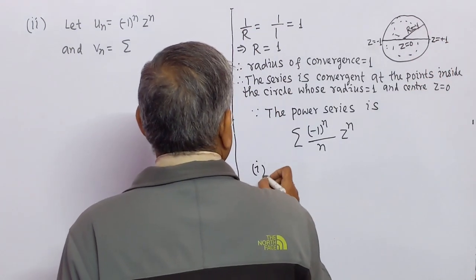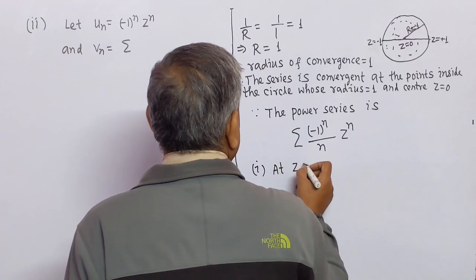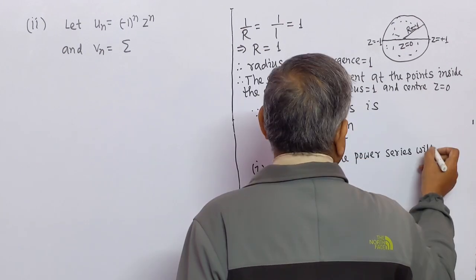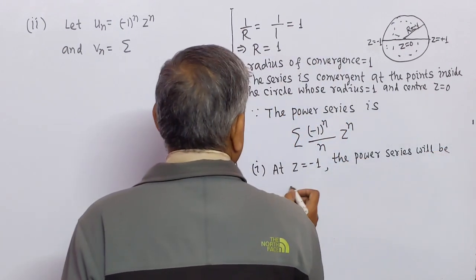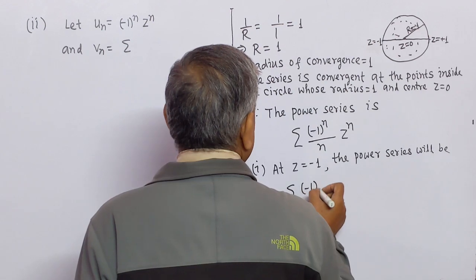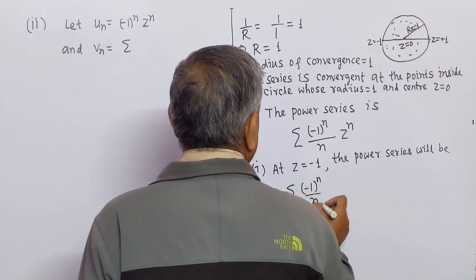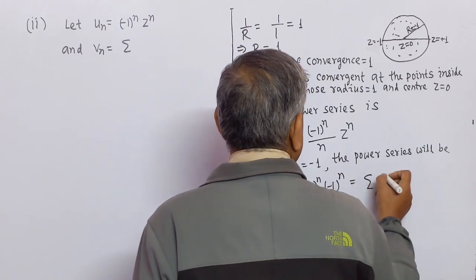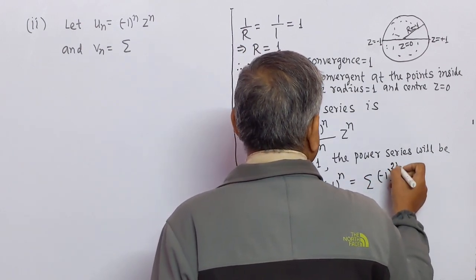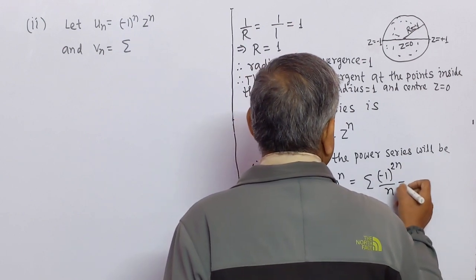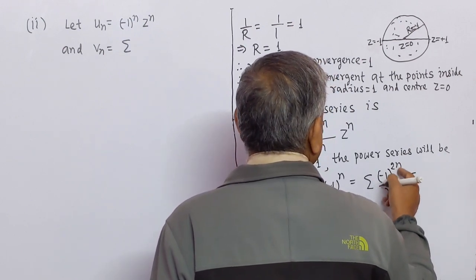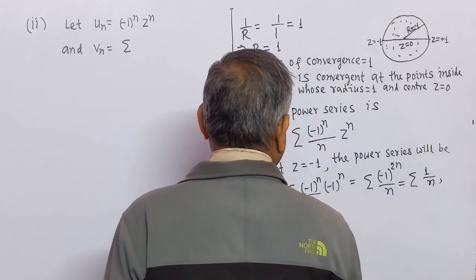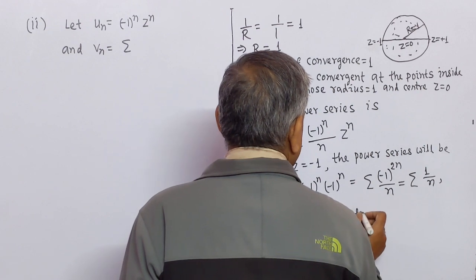Number 1, at z equal to minus 1, the power series will be sigma minus 1 to the power n by n times minus 1 to the power n. This equals sigma minus 1 to the power 2n by n, which is sigma 1 by n, a divergent series.